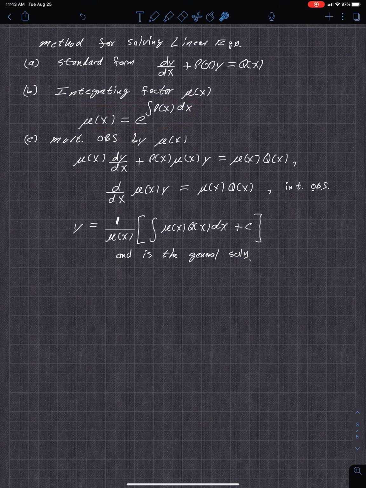Once you do that, you just place it here and here, and then it's really about integrating this right-hand side, because this is already done. You just put it in that form. Okay, so that's the technique. We'll run through a couple of examples in the next video, and then if we need more examples, we'll do them in our problem sessions.